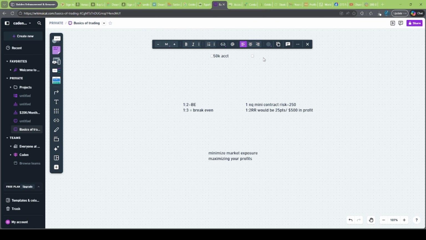So let's say I'm on a fresh 50K account and I take a loss for negative 250. If I take that loss, I need to be in a clear headspace before I enter another trade. The reason why 99% of traders fail is because of over trading and revenge trading.